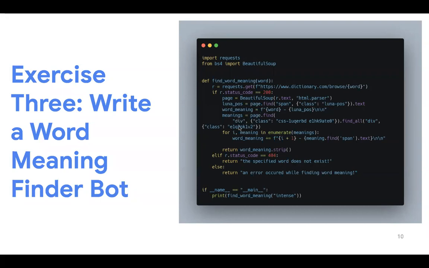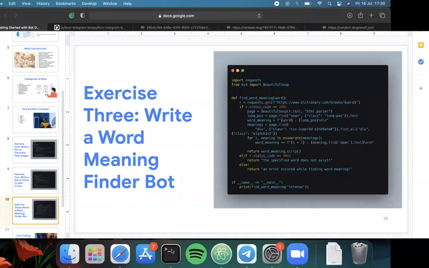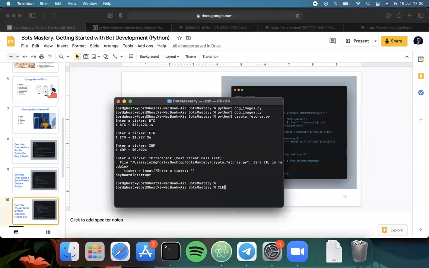It scrapes all the meanings and then it generates particular text. If the given word does not exist, it tells you that it does not exist. And if an error occurred while trying to fetch the meaning of a word, it tells you that there was an error. Now let's run this code and see what we get.